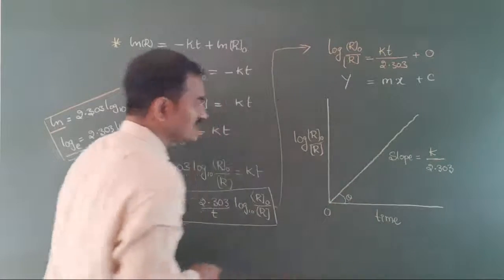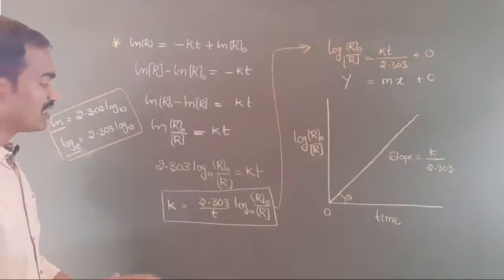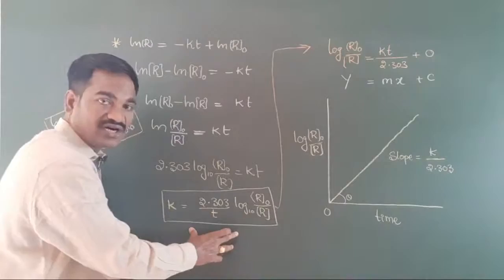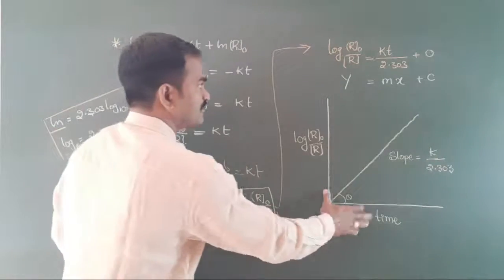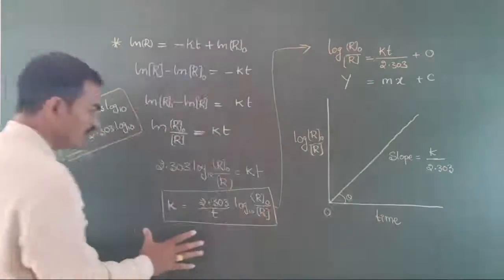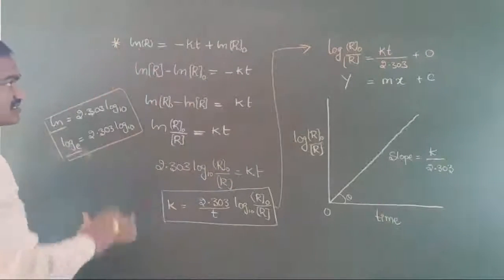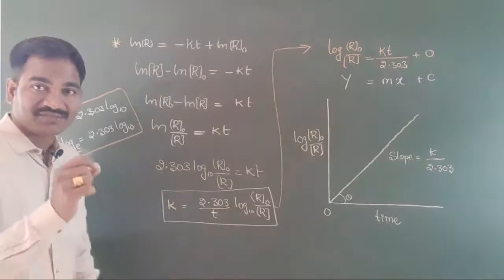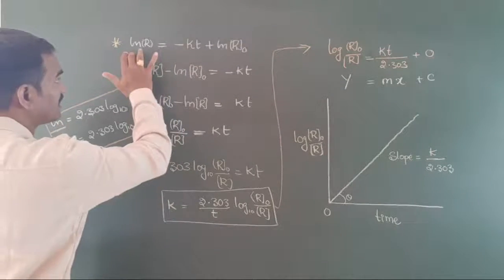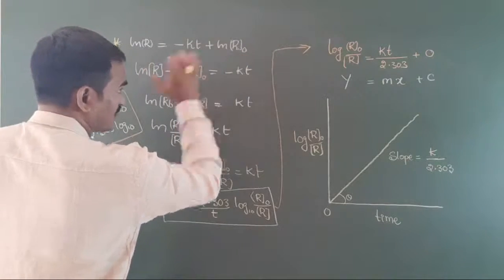Simply, this is the graph for the first order integrated rate equation. In the last class, class number 6, we stopped up to here and plotted a graph for this also.